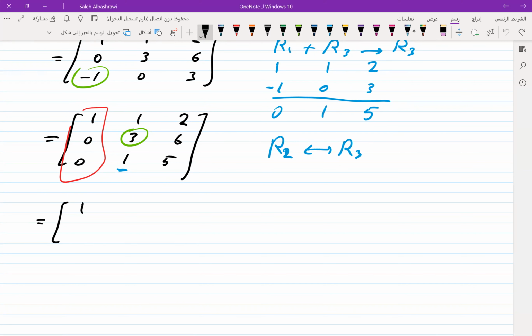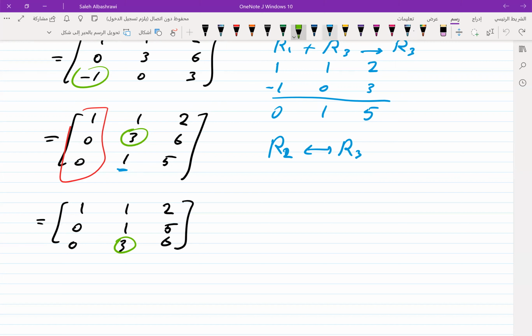First one is 1, 1, 2. Then 0, 1, and 5, 0, 3, and 6. So we swap R2 and R3.